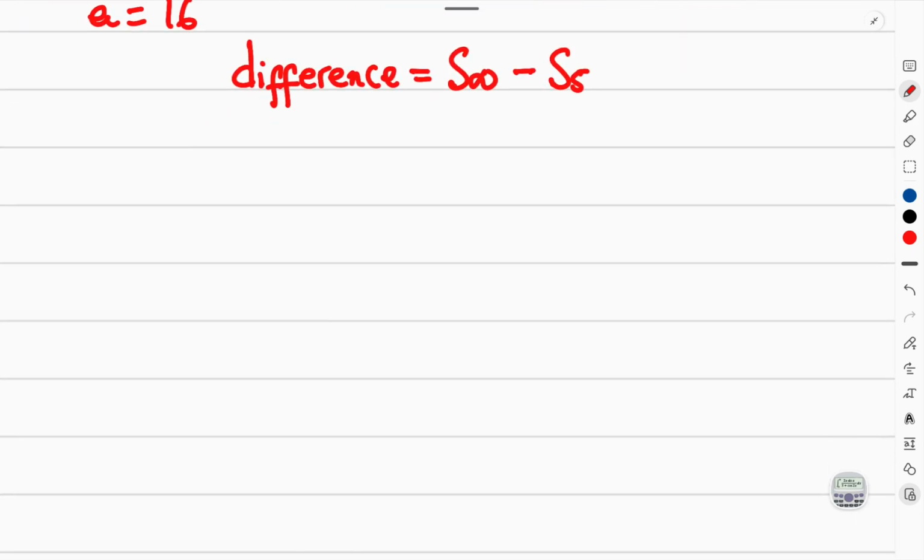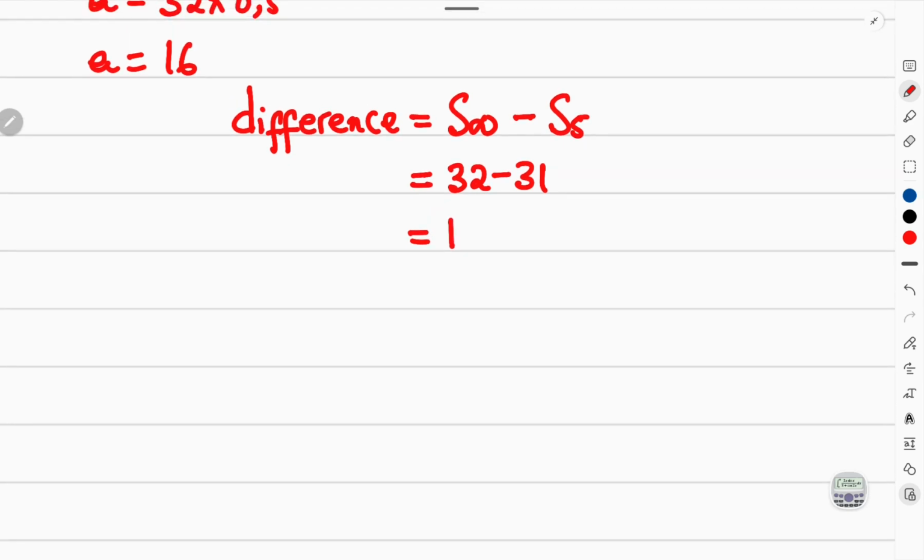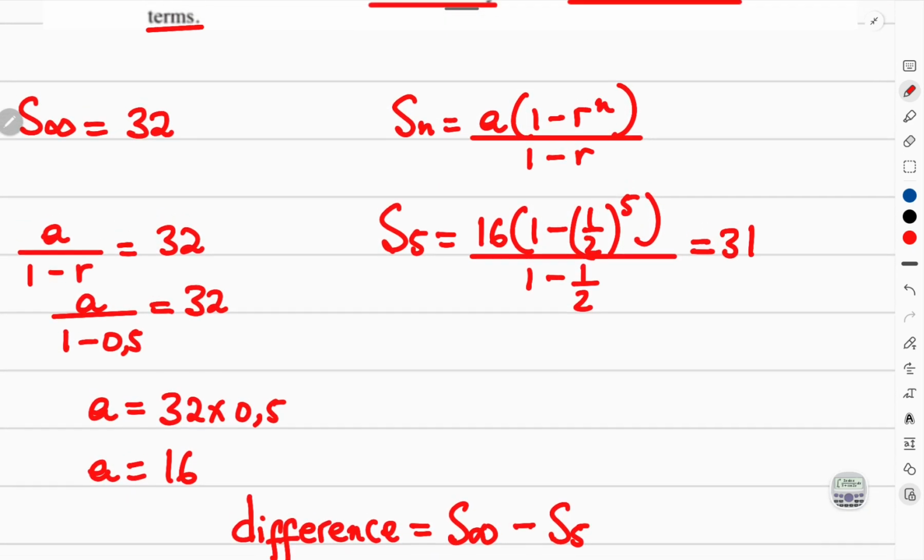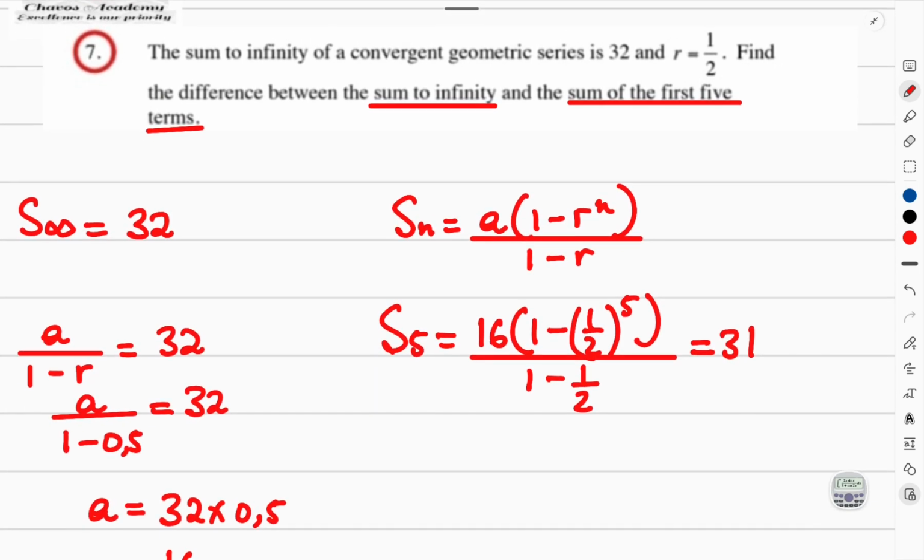So this is the same as 32 minus 31, which will be 1.